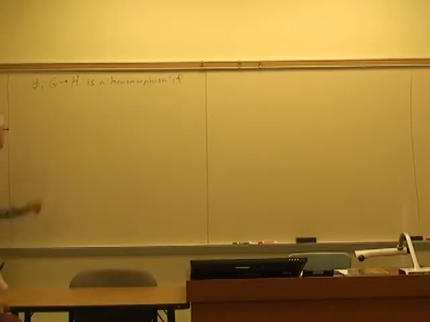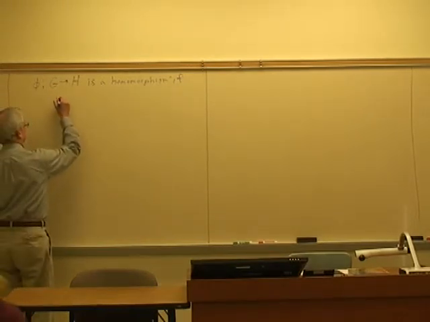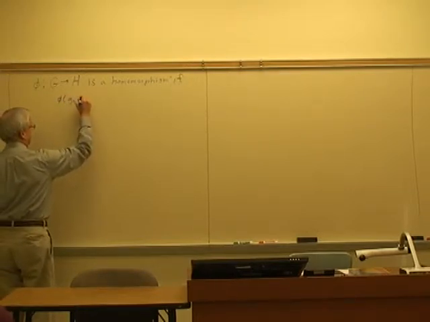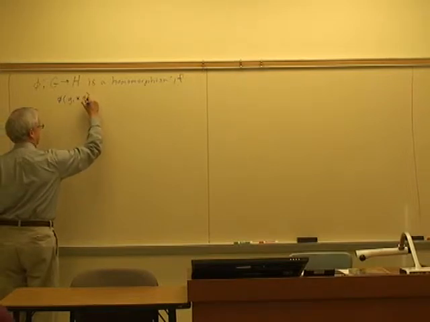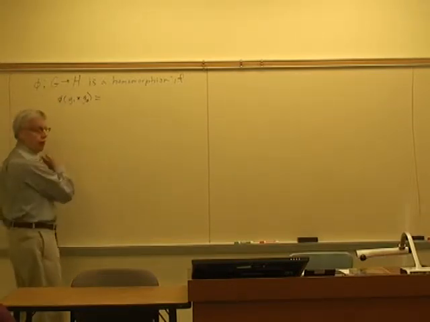a map from the group G to the group H, the homomorphism, if I apply the operation to the product in G of two elements, G1 star G2, I get what?